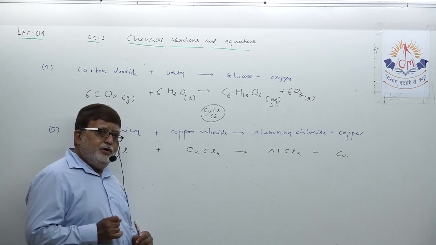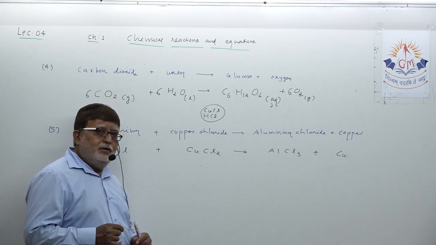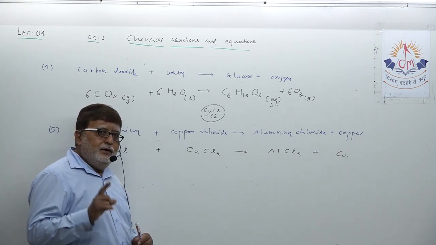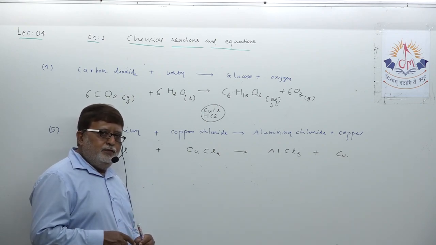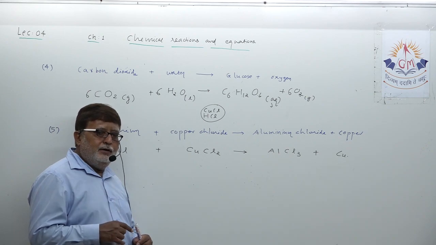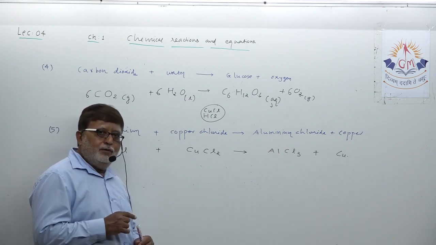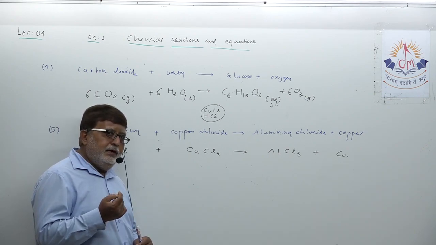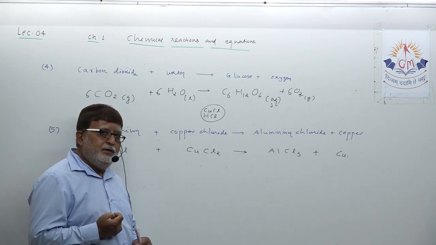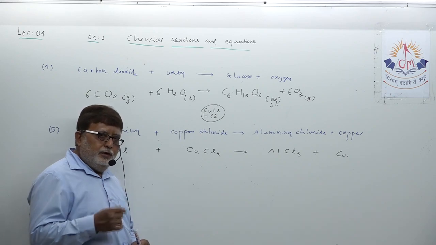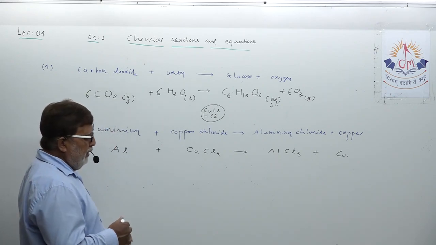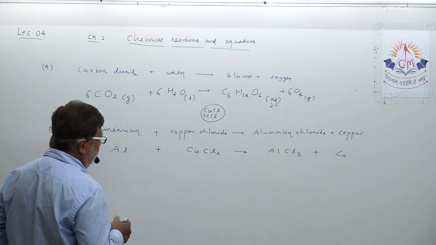Now if I speak the formula of silicon chloride, the student will write SiCl4. If I speak the formula of phosphorus chloride, PCl5. According to the valency of the first element, you require that number of atoms of the other element to neutralize that charge. Okay, this is okay.